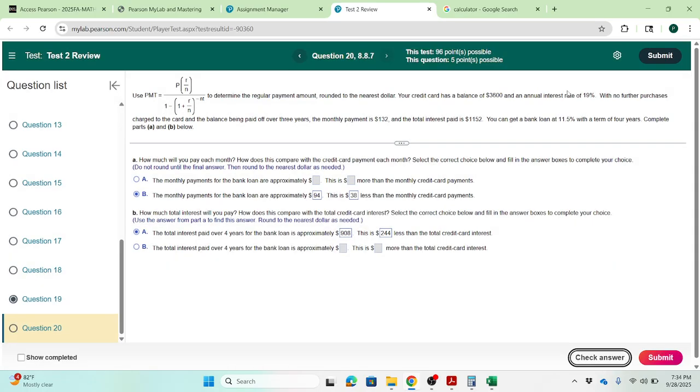Okay, so you calculate the interest from the bank loan and then you subtract that from the credit card interest. Okay, so that's all for the test review 2.